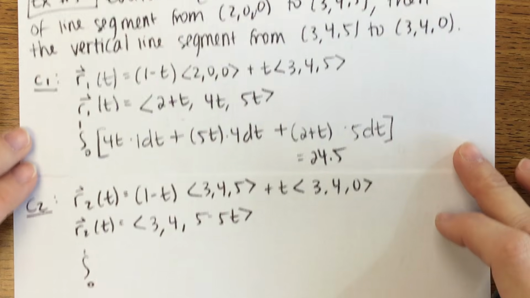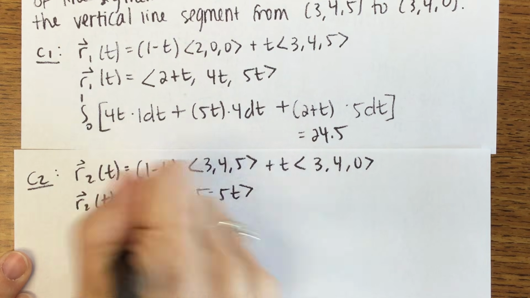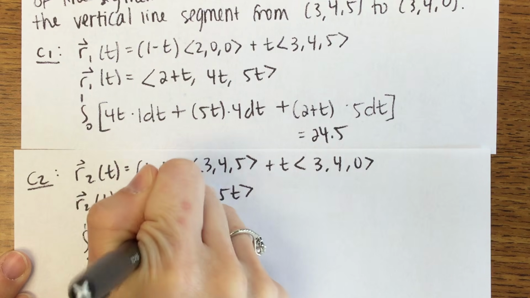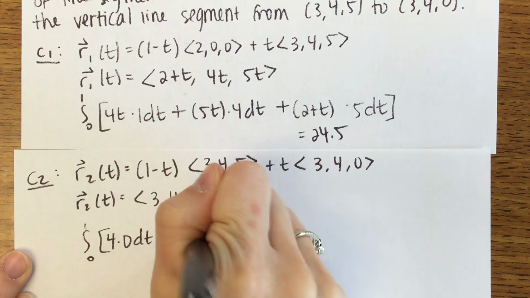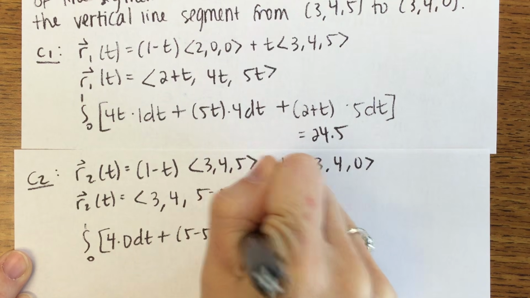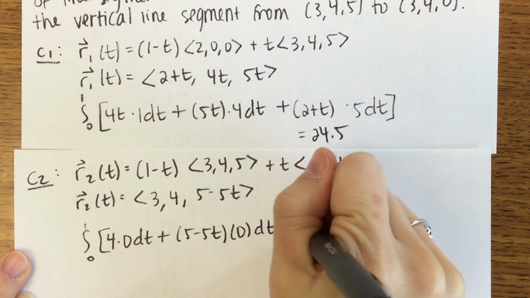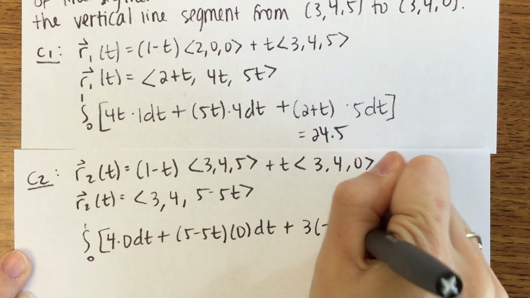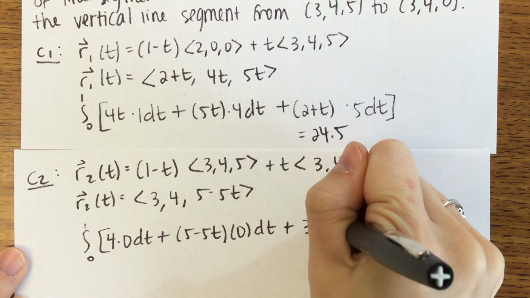So integrating from 0 to 1, we have y dx, so 4 times 0, plus z dy, plus x dz, oh, sorry, this is a -5.